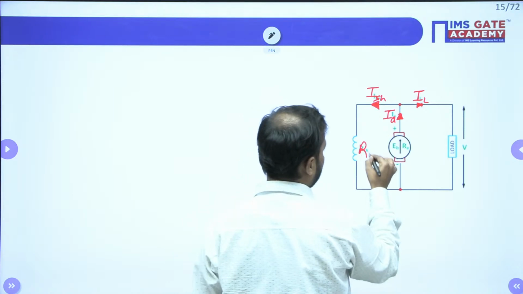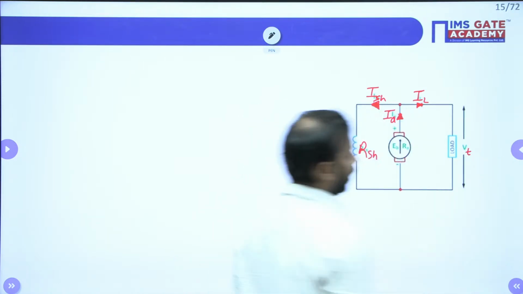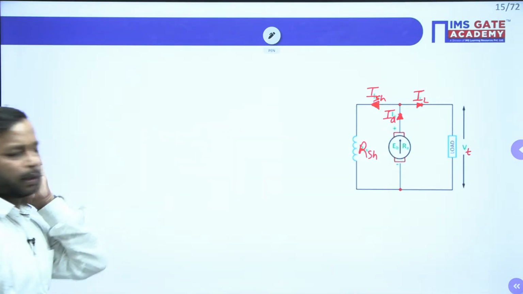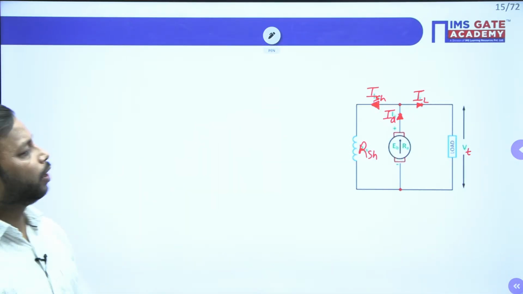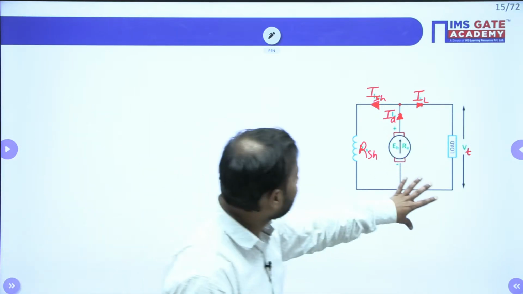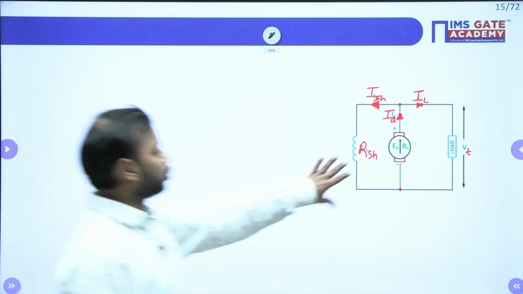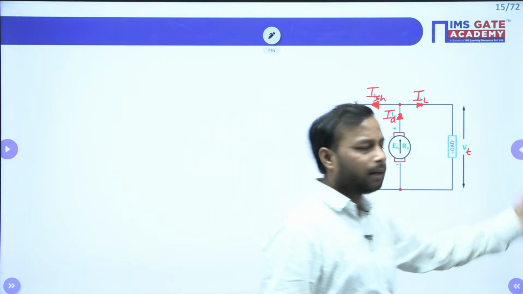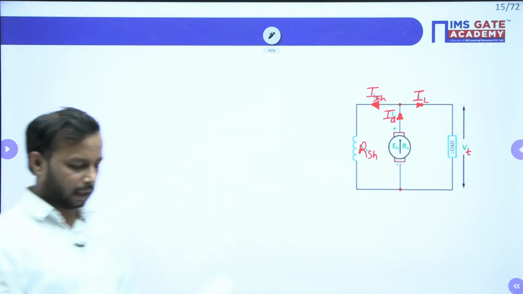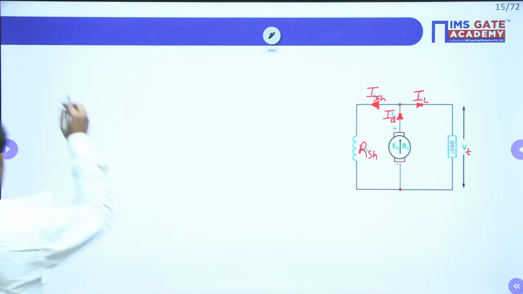This is RSH, and this is VT. Ignore this load part, because we are going to have the supply there. Sorry, this is a generator. So we need to consider the electrical load there. So let me write the data for this particular question.